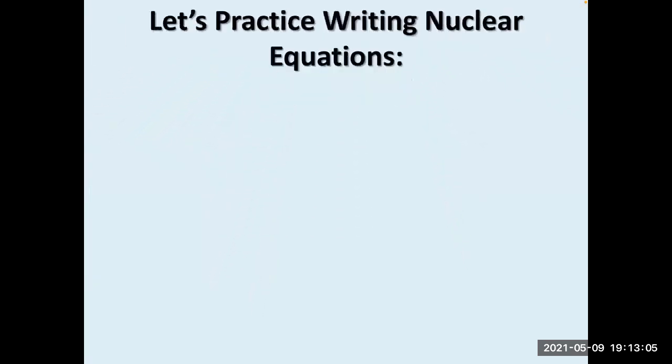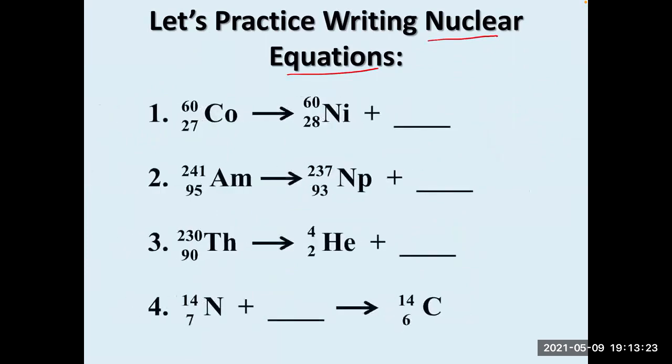All right, so why do we need to know the particle symbol? That is because in a nuclear equation, we need to be able to figure out what particle or what type of radiation is being emitted by that radioactive element. So here we have several different elements, and we know that they're going through some kind of decay because of what is showing. The way we do this is we look at these top numbers.